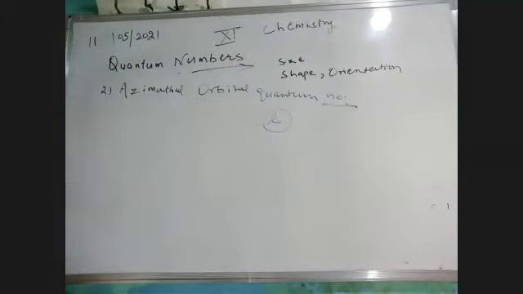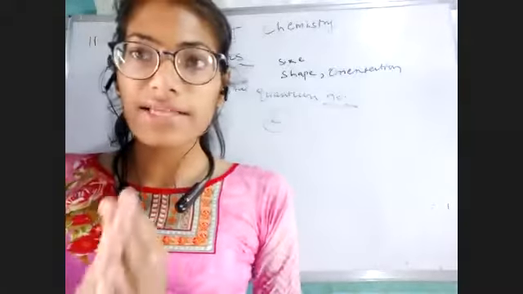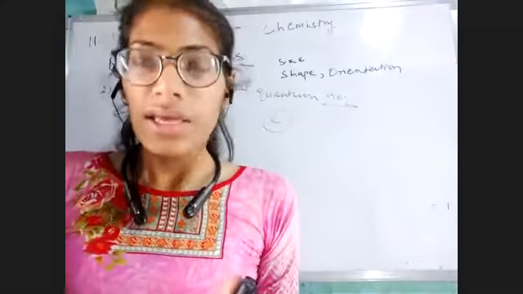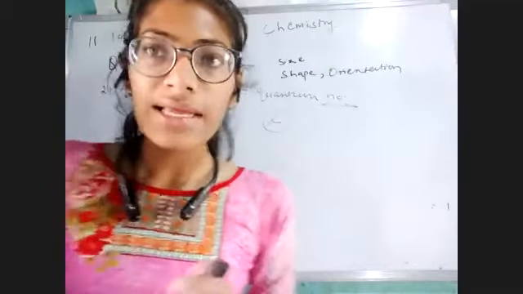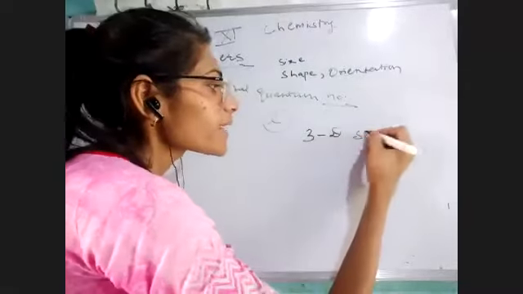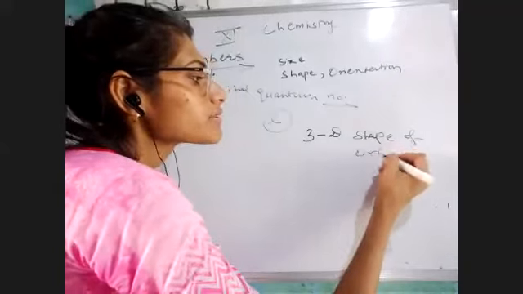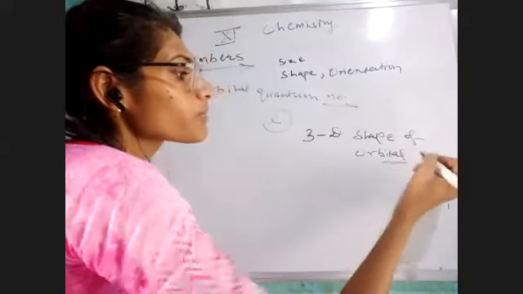Okay, now let's see what small l wants to say to us. Basically, in the previous quantum number we studied that n told us about the size. But if I'm talking about l, this actually gives us the three-dimensional shape of the orbit.